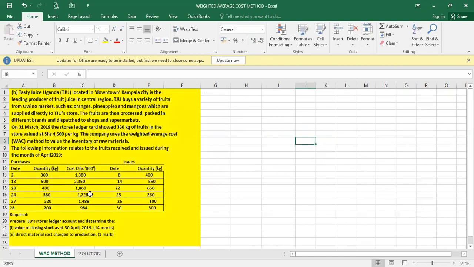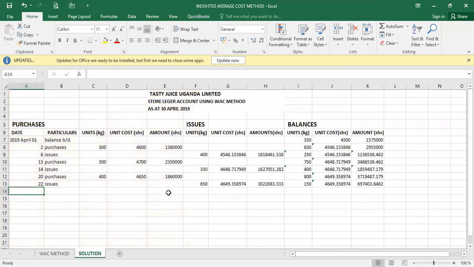The next transaction happened on 24th, and we purchased 360 at 1,728. Saying here it is 1,728,000. Purchased the number of units.